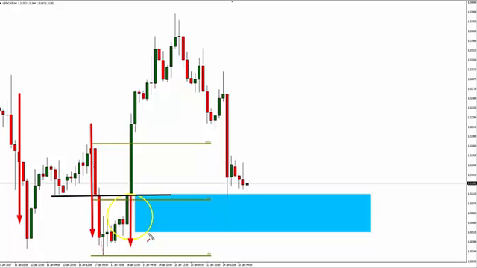Now, there are unlimited strategies, and I accept that, but the actual core foundation, the core principles behind how a person enters a trade is very few in number.